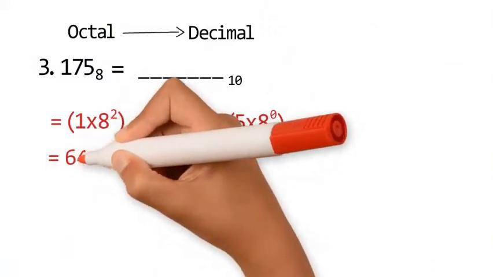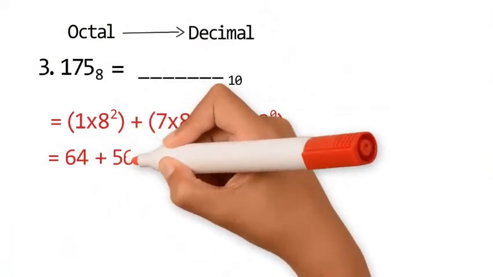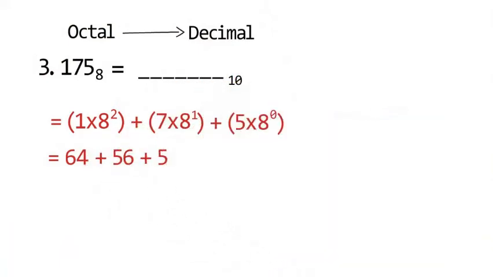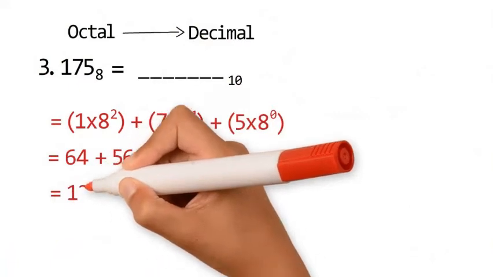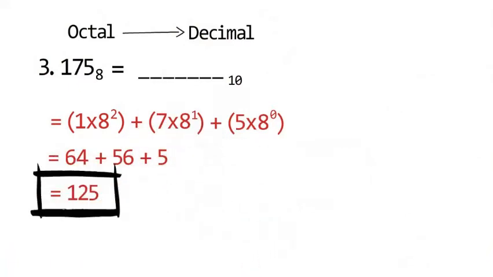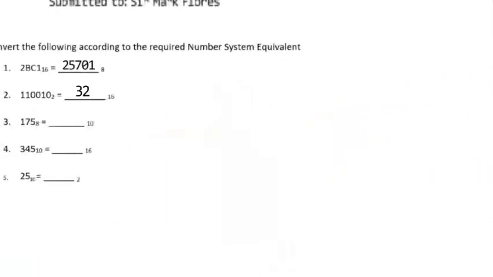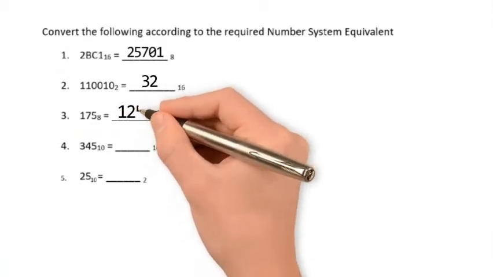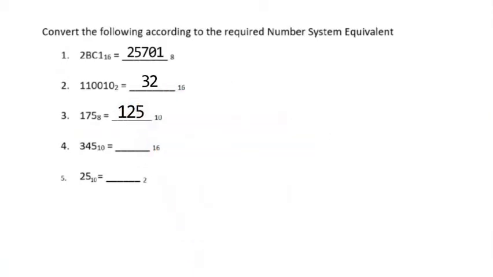So that's 64 plus 56 plus 5. And the final answer is 125. So for number 3, we have 175 base 8 is equal to 125 base 10.